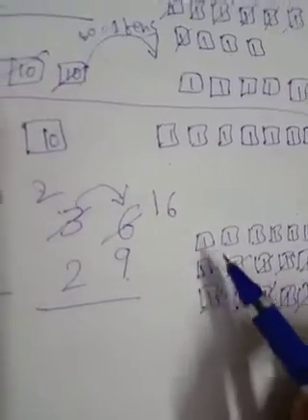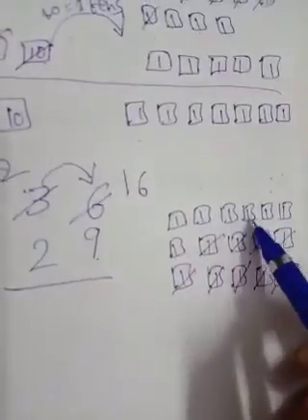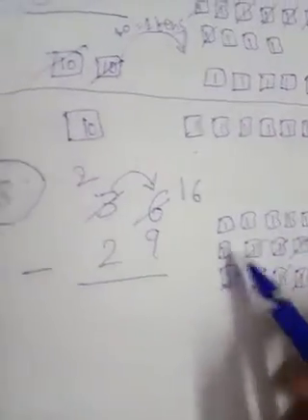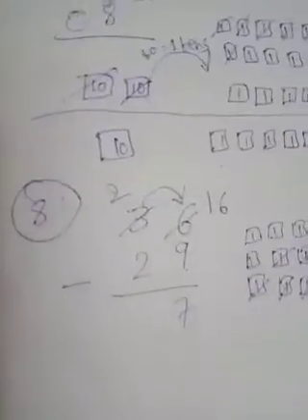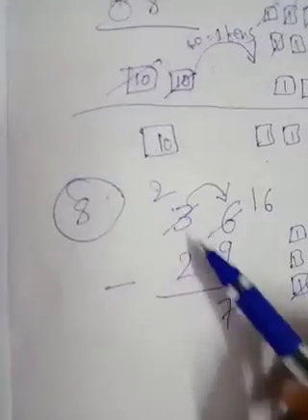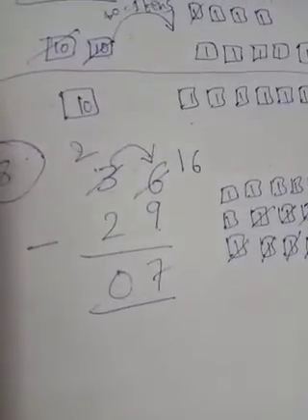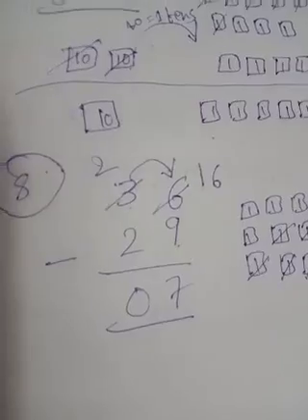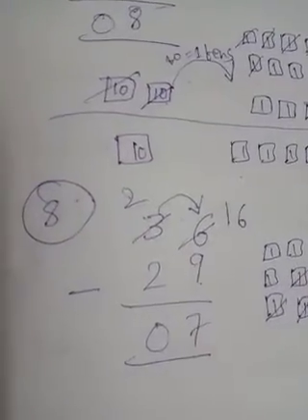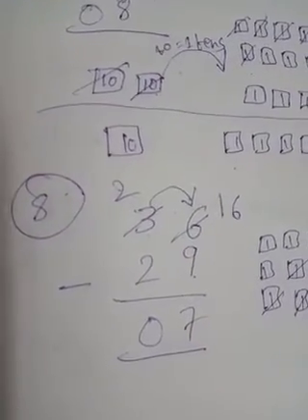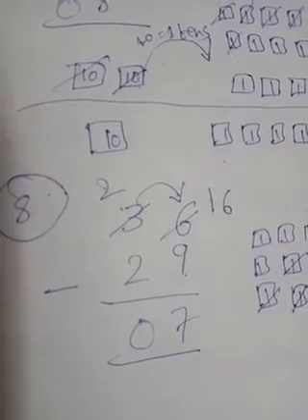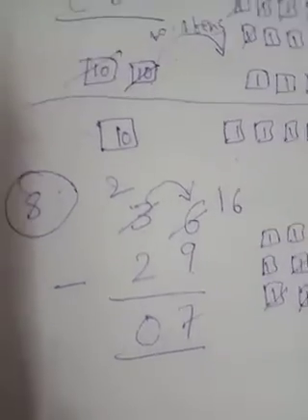Remaining: 1, 2, 3, 4, 5, 6, 7. 16 minus 9, 7. So here 2 minus 2, how much? 0. So 36 minus 29 equals 7.